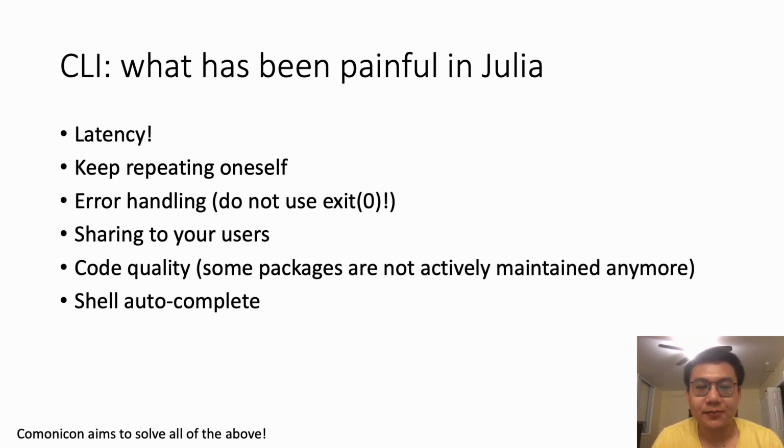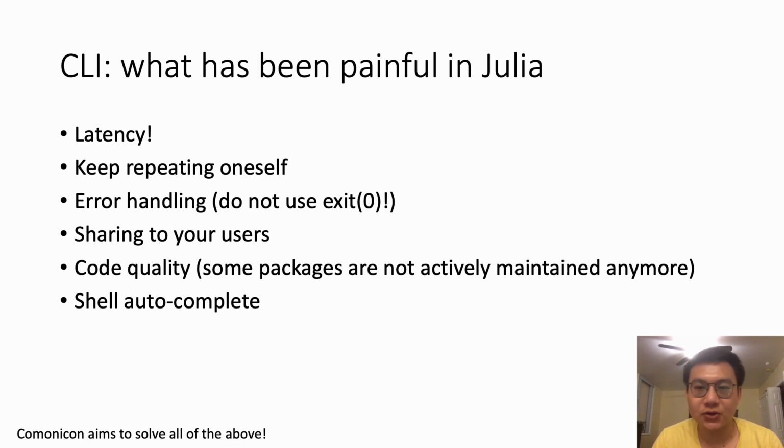And code quality: I realized some of the packages are not actively maintained anymore. For example, Fire.jl has not been maintained or updated with new features for quite a while.